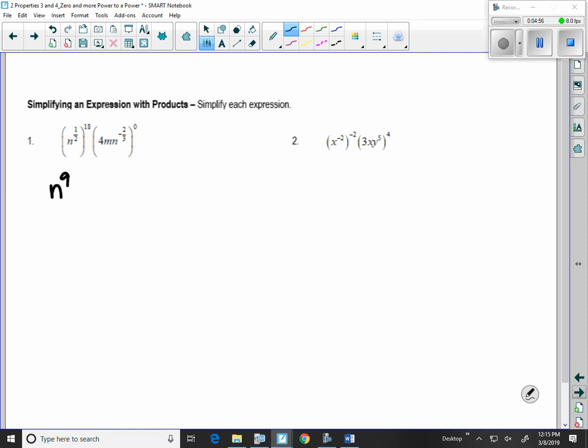Okay? Then I have 4 to the 0 power, which is what? Which is 1. M to the 0 power. 1. N to the negative 2/3 to the 0. 1. Okay, because you're multiplying, right? Anything to the 0 is just 1. So then you're just going to have n to the 9.